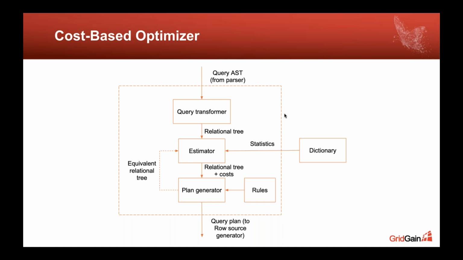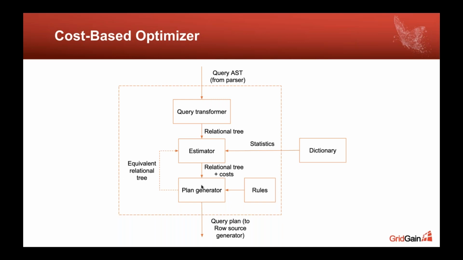On the slide, you see the internal structure of the cost-based optimizer. Here we have an estimator. It calculates how expensive it is to execute the query. They use this cost in the plan generator.